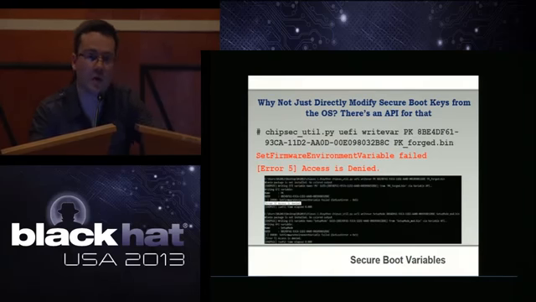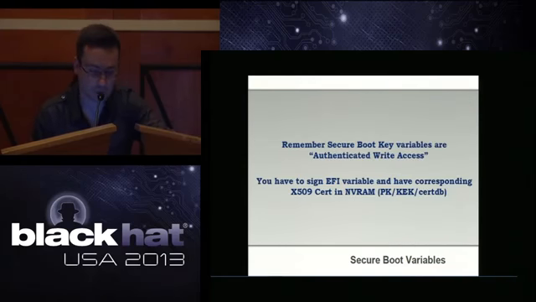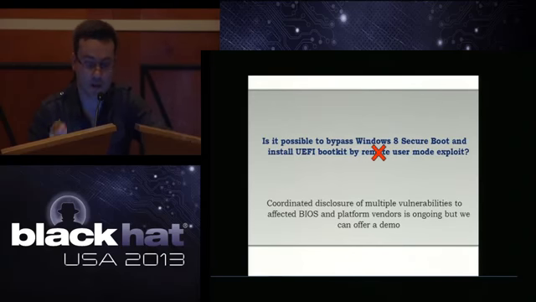If you recall, the keys are protected authenticated variables, so you have to sign them. You cannot just directly modify them through the Windows API. The access is denied, right? You have to sign the updates. But we still want a user mode exploit.